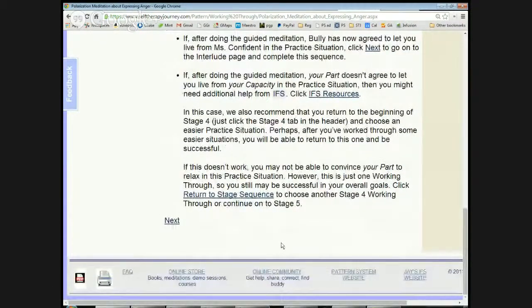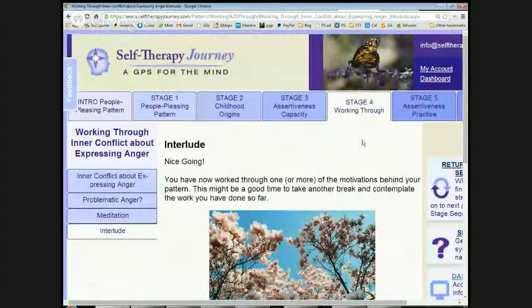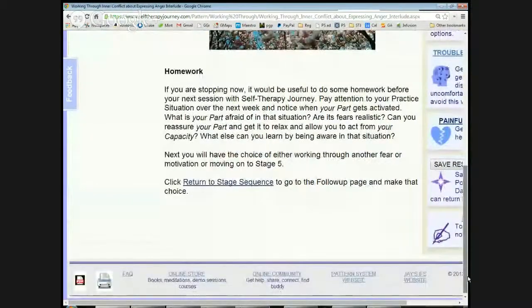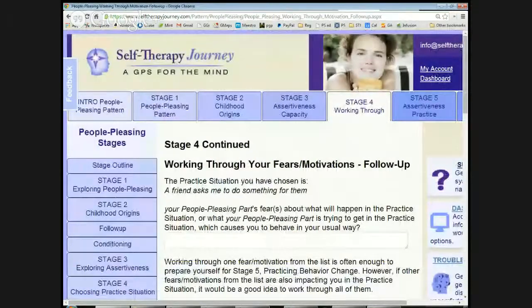And that should then take care of that particular reason for having your part be afraid of asserting yourself in the practice situation.